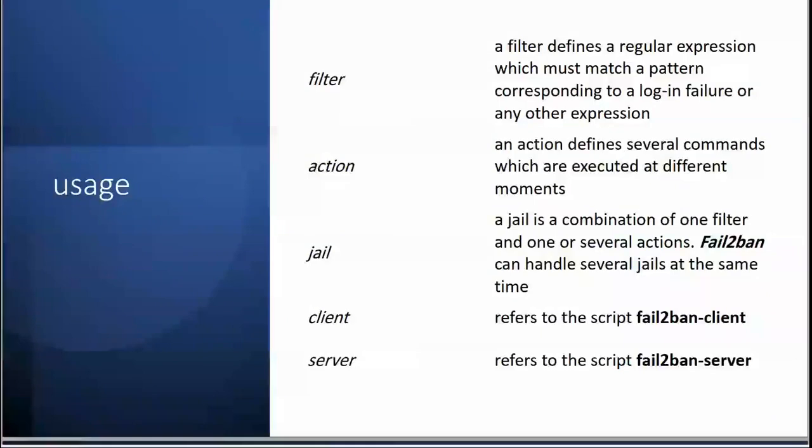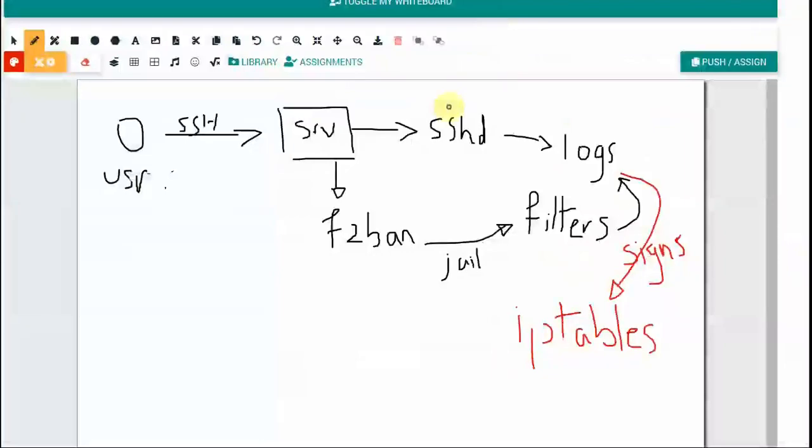I'm not good with painting actually, so that's it. There's a user and he wants to connect to your server through SSH. He sent his request, and then SSHD logs that request.